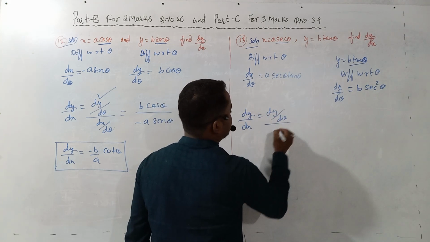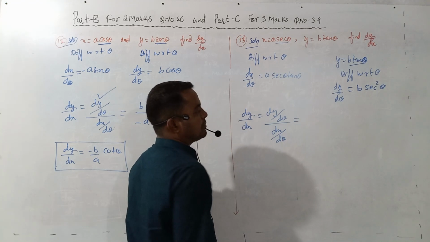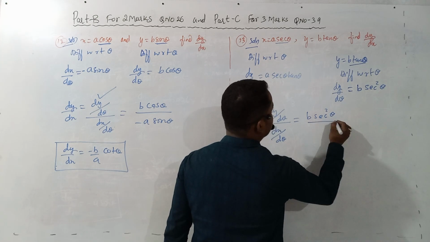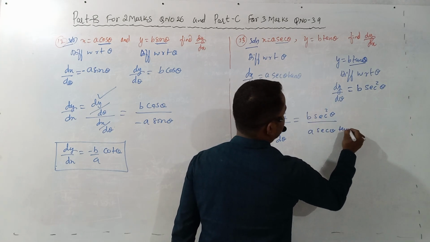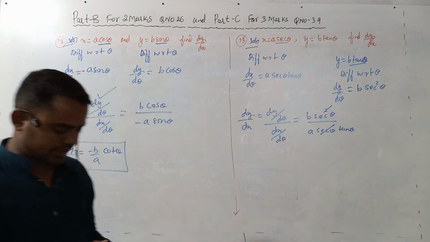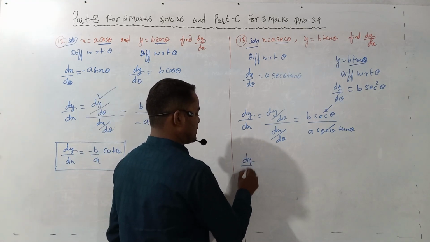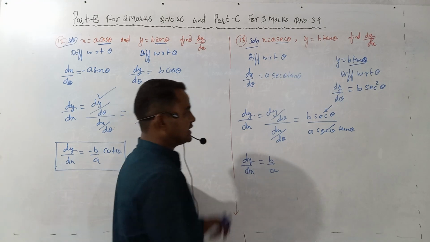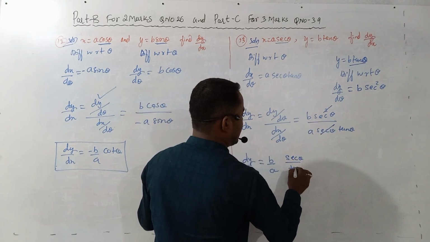Then dy by dx is equal to dy by d theta divided by dx by d theta, that is b sec square theta divided by a sec theta into tan theta. One sec cancels. Now dy by dx is equal to b by a, sec theta divided by tan theta.